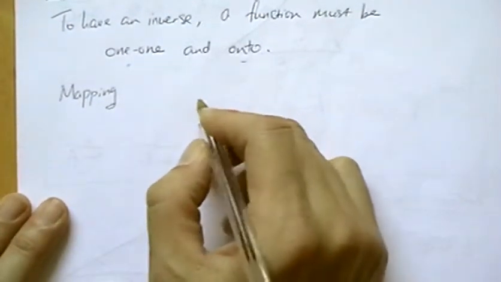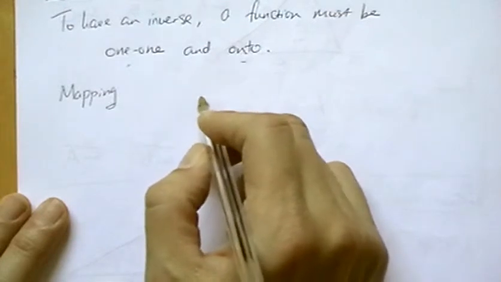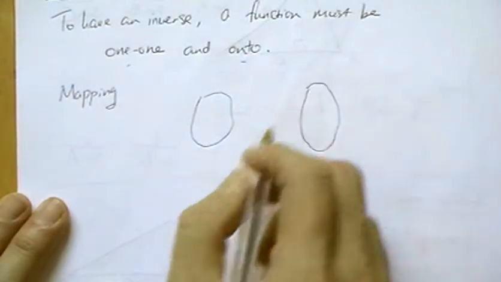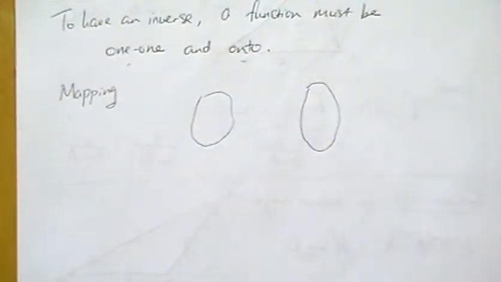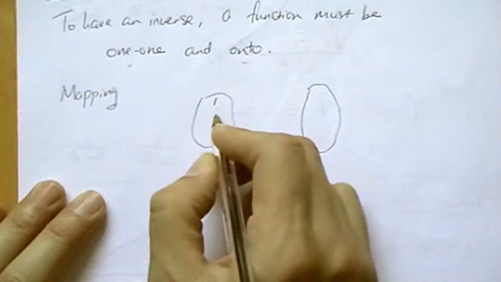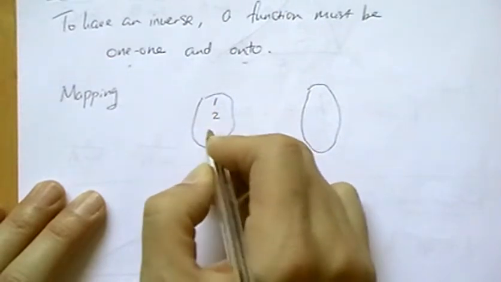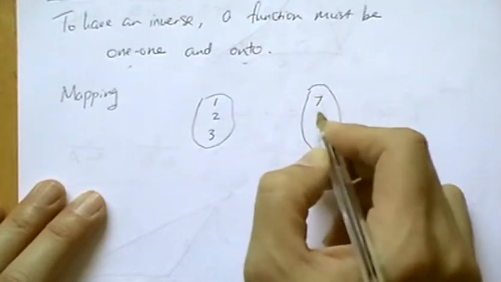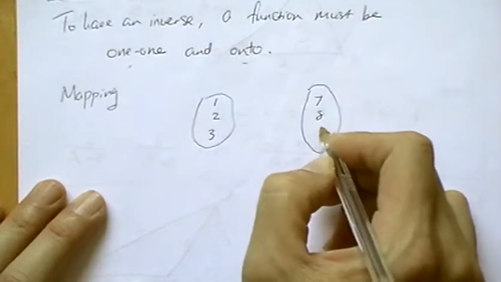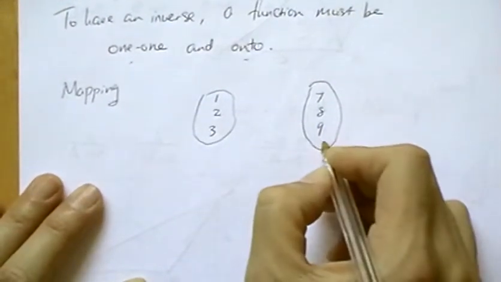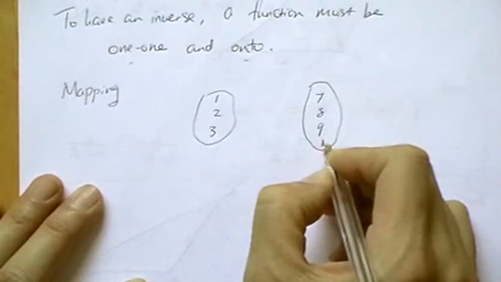So the usual way to explain this is to think of two sets of numbers. Let me say the numbers here are 1, 2 and 3, and I have numbers here 7, 8 and 9 and maybe 10.